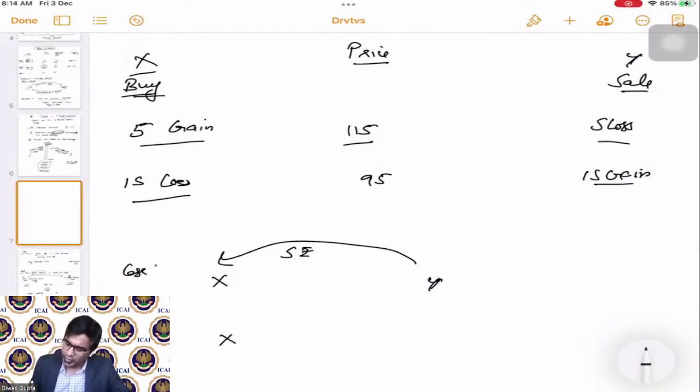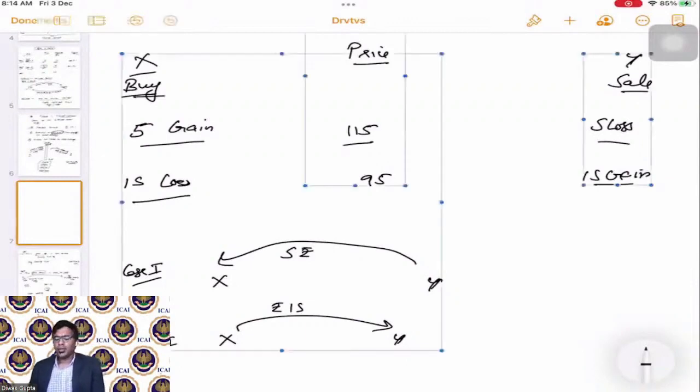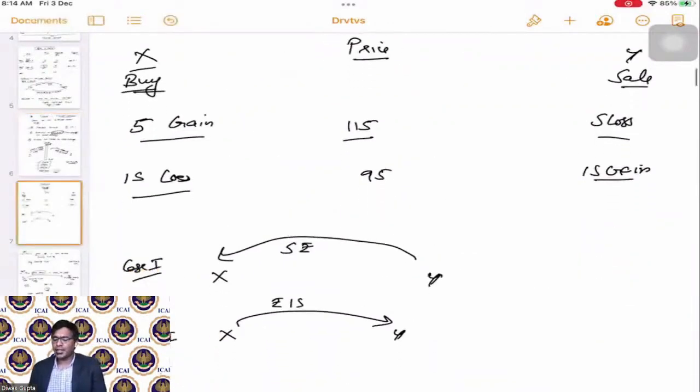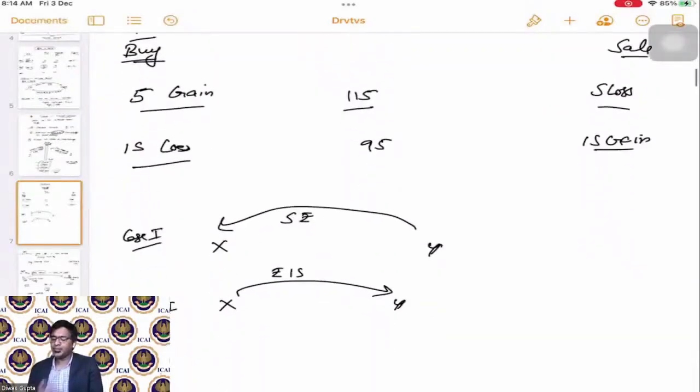In case 2, X will have to pay Y 15 rupees. This is the net settlement basis on which the futures work. Okay, students? So, unlike forwards, the net settlement will happen basis the price differential.